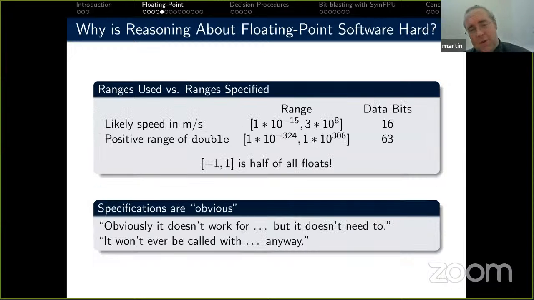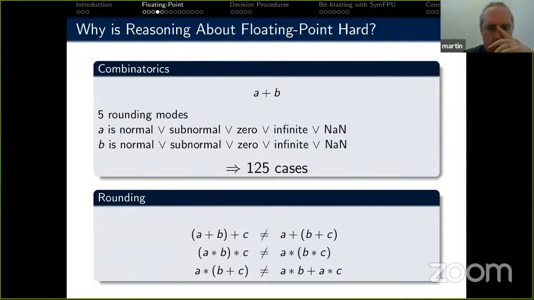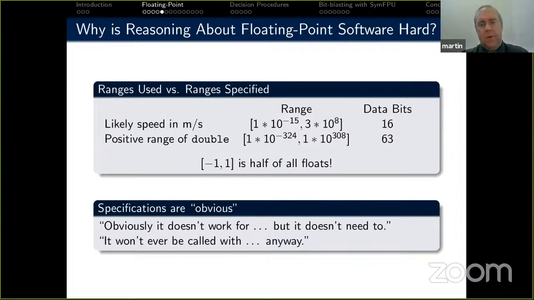But it's worse. This is specifically for reasoning about floating point, but if you then want to talk about floating point software, you have some additional extra challenges. One of them is the ranges used.